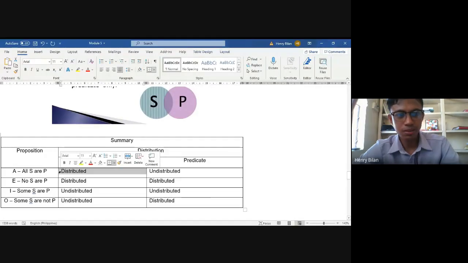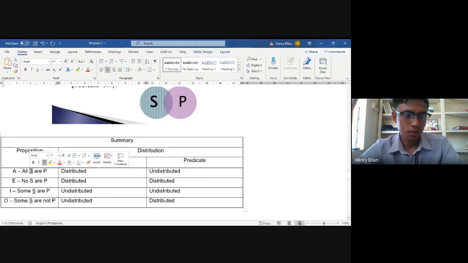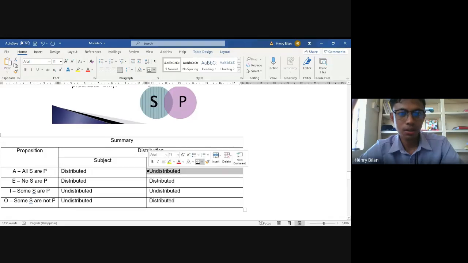When we say distributed, it is universal. The term is used as universal, such as all S are P. In this case, S is universal because it involves all the S's in the universe. That's why it is distributed. Whereas the P is undistributed because it is used as a predicate. So always remember, if it is an A proposition, then the subject is distributed and the predicate is undistributed.